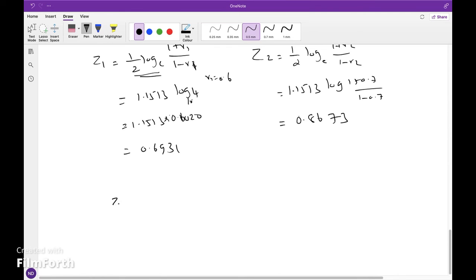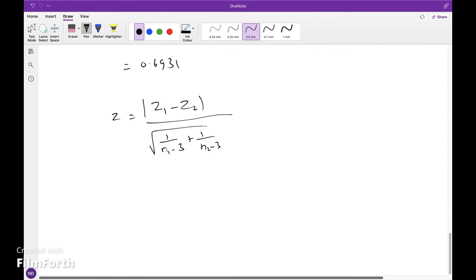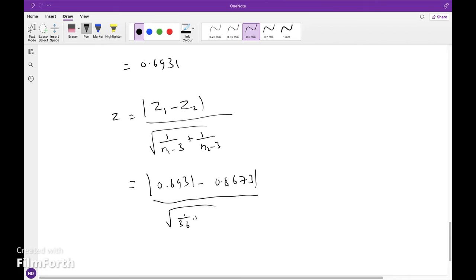So Z equal to modulus of Z1 minus Z2 divided by the square root of 1/(n1 - 3) + 1/(n2 - 3). That is equal to modulus of 0.6931 minus 0.8673, the whole divided by the square root of 1/36 + 1/49.